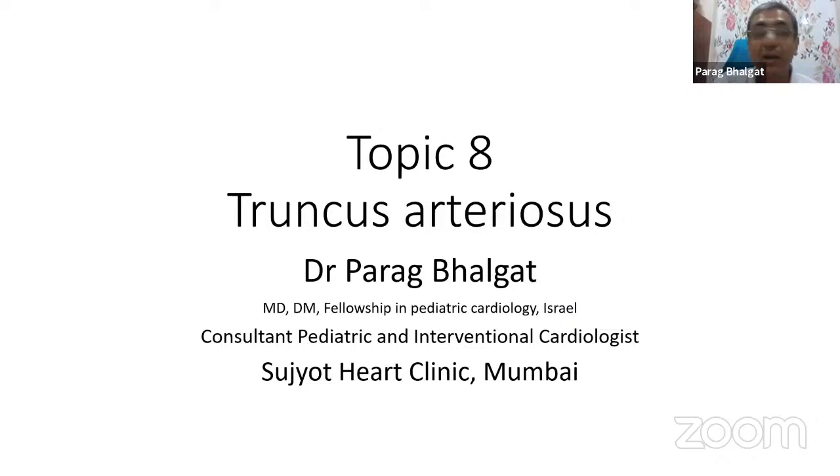Now coming to the last topic of today's presentation, truncus arteriosus, also called common arterial trunk. It's not so frequently seen, but we do see it, and we have seen this diagnosis being confused with many things.